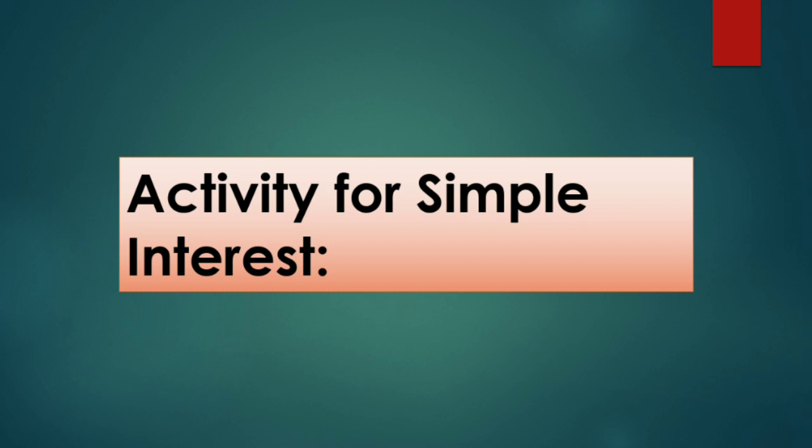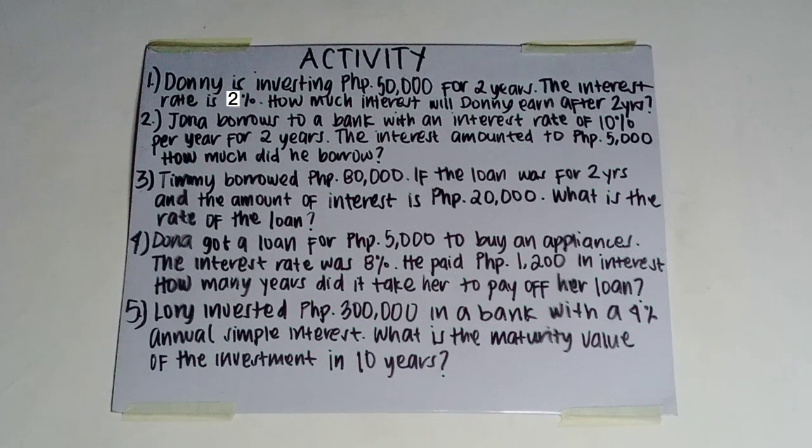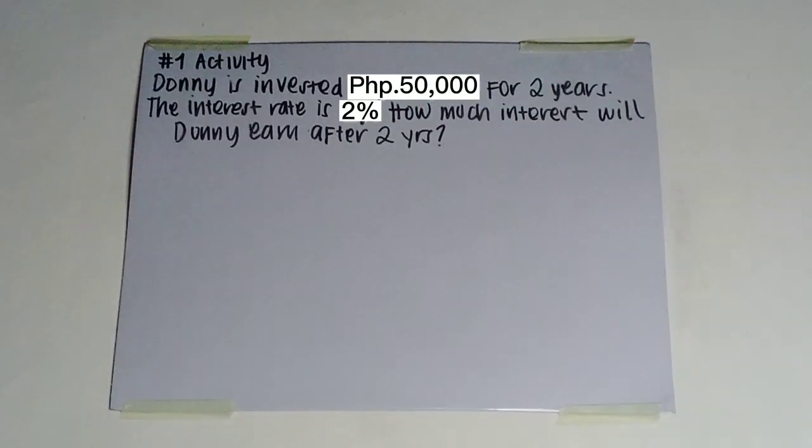Okay, I give you an activity for simple interest. Answer it and we will check it after 5 minutes. Okay, time for checking. So, we will check first activity 1. Donnie invested 50,000 pesos for 2 years. The interest rate is 6%. How much interest will Donnie earn after 2 years?